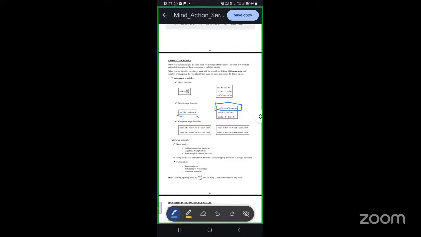So if you understand that part, then you can play around with these ratios, because we know that sine squared theta is equal to 1 minus cos squared theta, which is this one. When you substitute it there, it will give you this. Same applies with the last one: you substitute cos squared theta with 1 minus sine squared theta, and you will end up having this one. Do you understand that part?